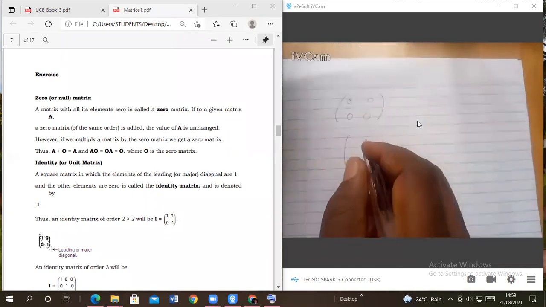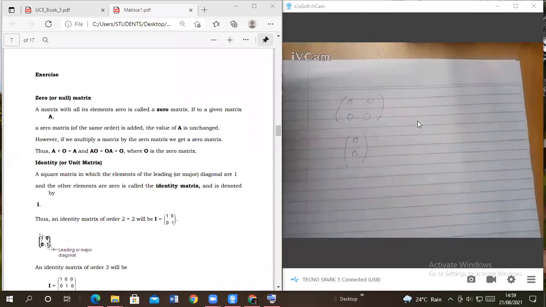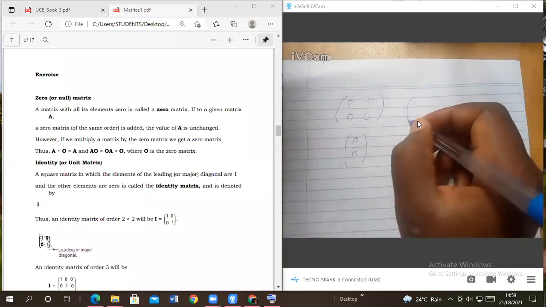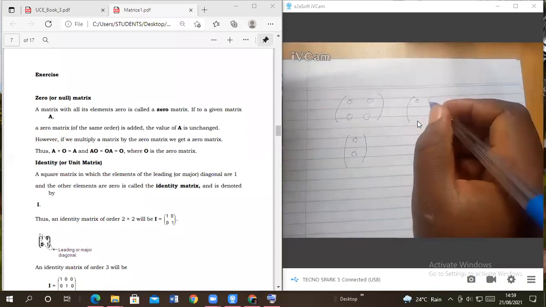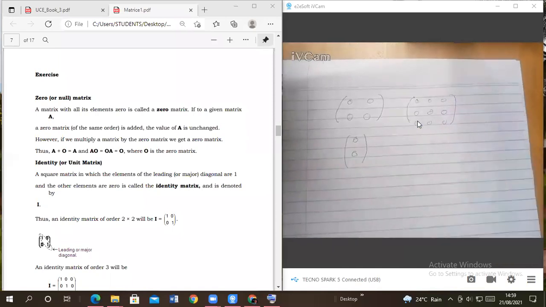It can be of order 2 by 1, 0, 0. That one is also a zero matrix. It can take any order. It can be 3 by 3, with all nine entries zeros. For as long as all the entries are zeros, that matrix is called the zero matrix.